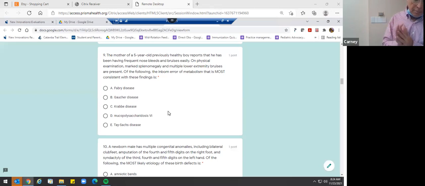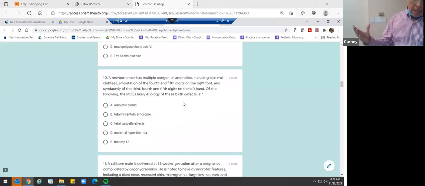Number 10, multiple congenital anomalies. Again, you see this randomness. Randomness doesn't fit a nice syndrome, so it's going to be something else, and that's going to be the amniotic bands. Fetal hydantoin, your Dilantin syndrome, has intrauterine growth retardation and nail problems, all this other stuff.